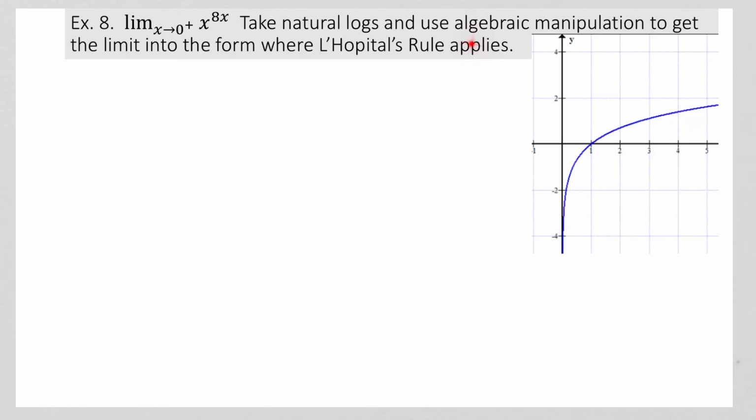All right, so the way that you do that is that you first say that you're going to call your setup y. Y is the limit as x approaches 0 from the positive side of x to the 8x. That's your y. Now I'm going to take the natural log of both sides.